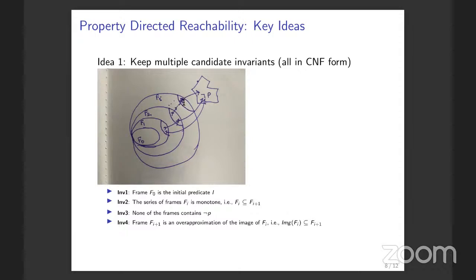What makes it not inductive? That's the question I'm asking. I've already shown that in this picture. If it contains some counterexample to induction. After all, these are P states, so they're all potential candidate invariants for proving P. But if they're not inductive, what does it mean? They have a counterexample to induction.